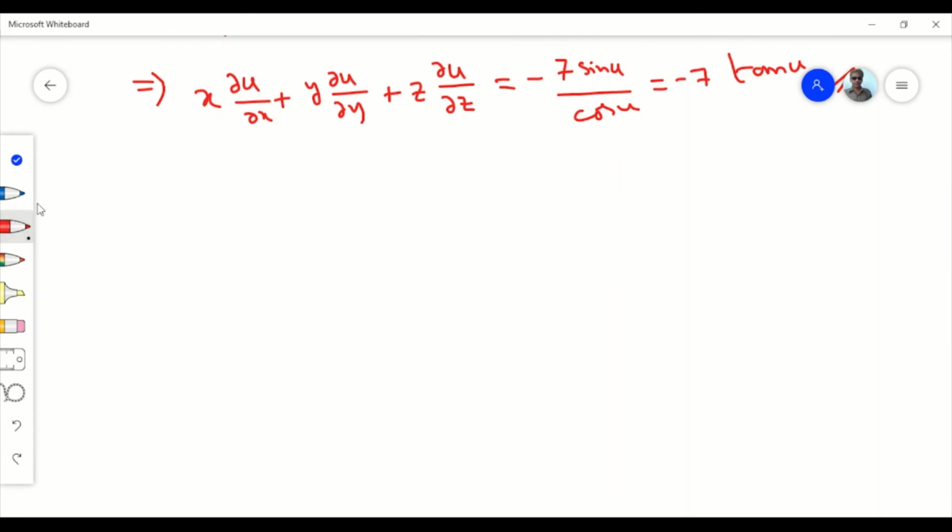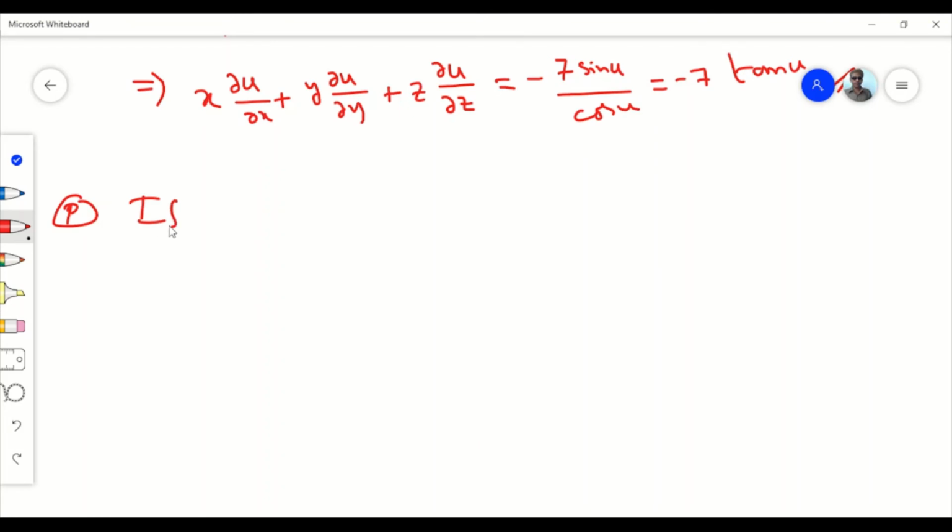Now let us take a different problem, of course also of the same type, but this is important.